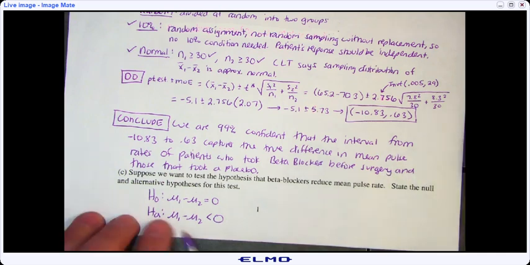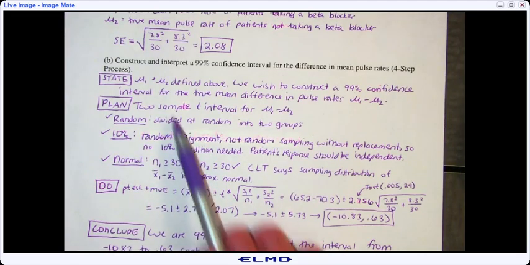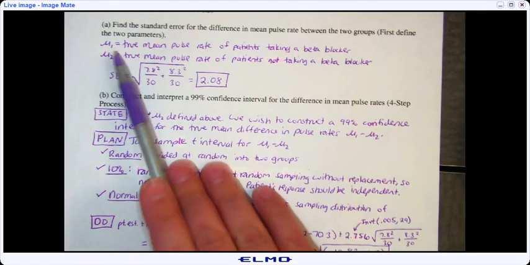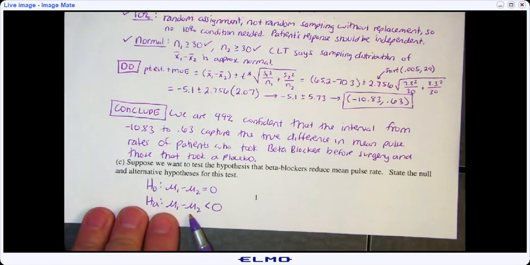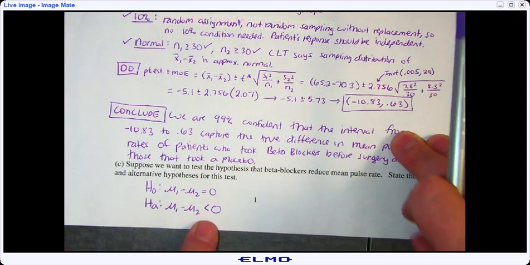So that means that mu sub 1, because we defined it up here, is the beta blocker group. If theirs is smaller than the people that took the placebo, that means when you subtract the bigger number from the smaller number, you would get a negative number less than 0. So that's the alternative hypothesis, that group 1 minus group 2's mean is less than 0.